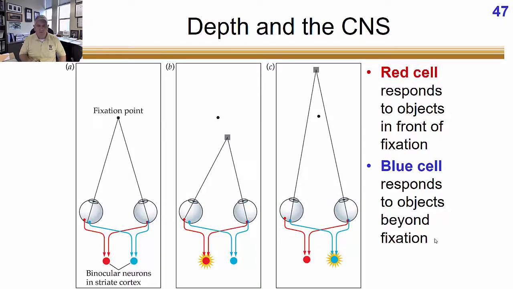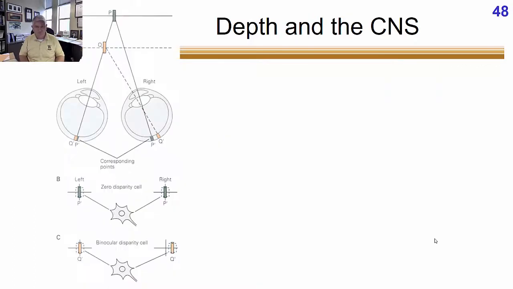Here we have cells where, based on a fixation point, items that are in front of the fixation point are going to be stimulating non-corresponding points that hook up to a red neuron in the brain that's going to say that's in front of your fixation point. Items that are behind the fixation point are going to be stimulating the non-corresponding points that project to the blue neuron, which says that things are beyond the fixation point.